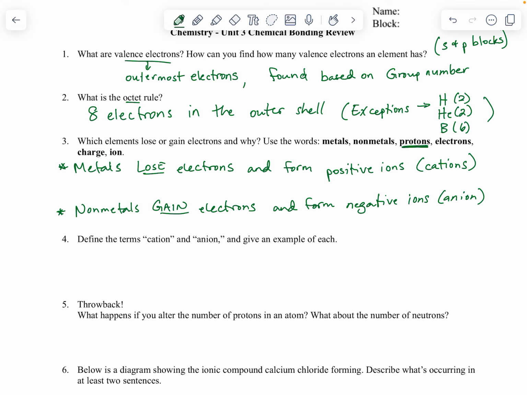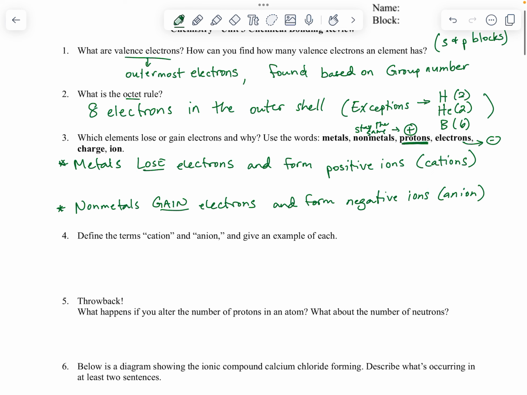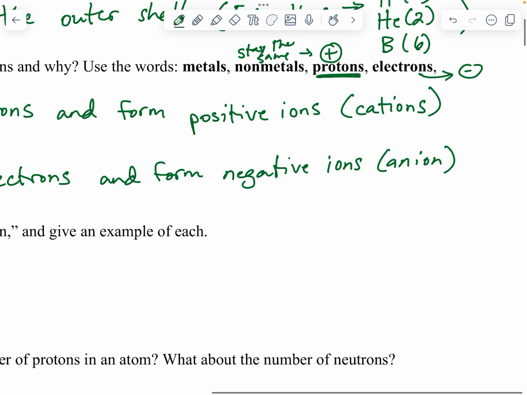And the reason why lose means positive and gain means negative here is because electrons, of course, have a negative charge overall. So if we lose those electrons, remember the protons, which are positive, stay the same, in any element that we're looking at. So if you take magnesium, for instance, which has 2 valence electrons normally, it has 12 protons because its atomic number is 12, and 12 electrons.